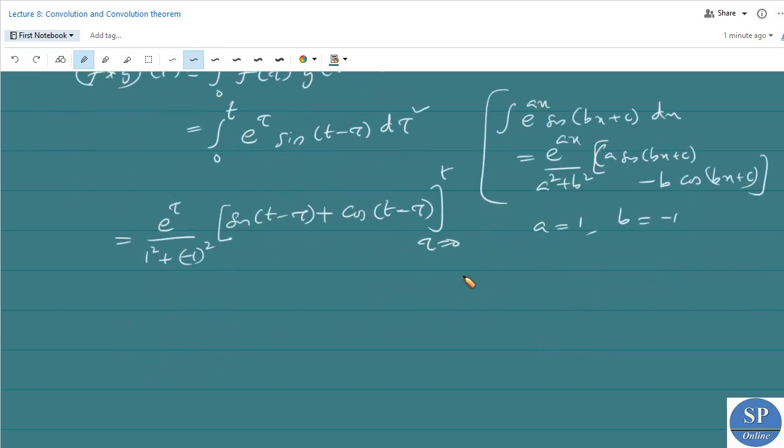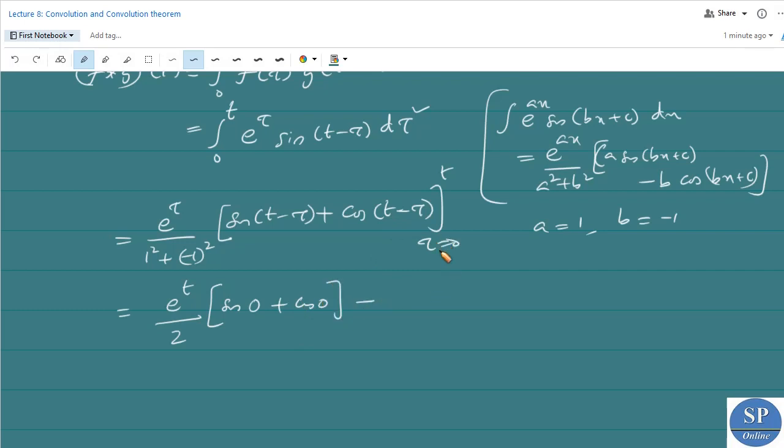Applying the limits, first we apply tau equal to t: e power t divided by 1 square plus 1 square, which is 2, into sin of t minus t, that is sin 0, plus cos of t minus t, that is cos 0.